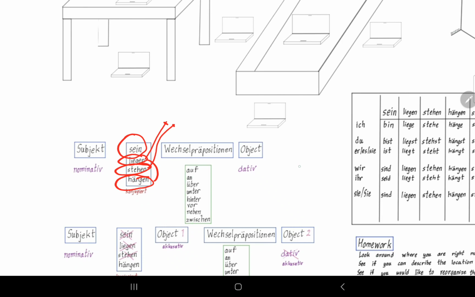For example, let's say the cup will be on the table. But if it's the laptop, normally you will say it is lying on the table. You can also say stehen, but even in English we say it is lying on the table. You don't say it is standing on the table, right? If it's a CPU, you will say it is standing on the table. But I hope you get the point.